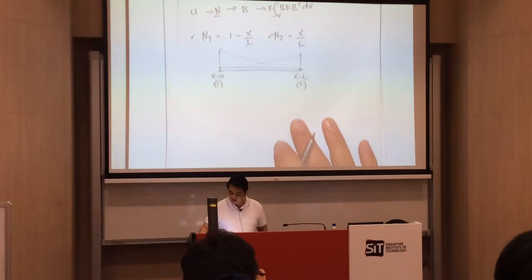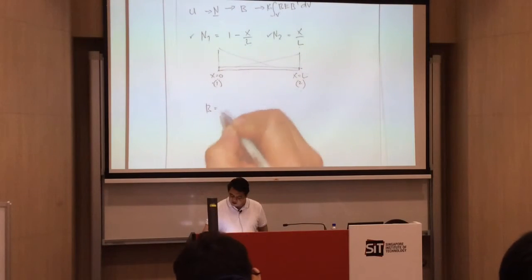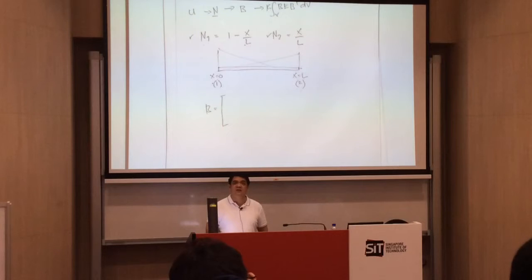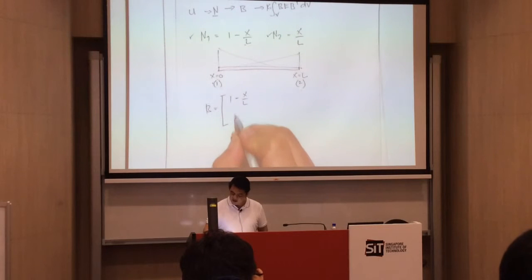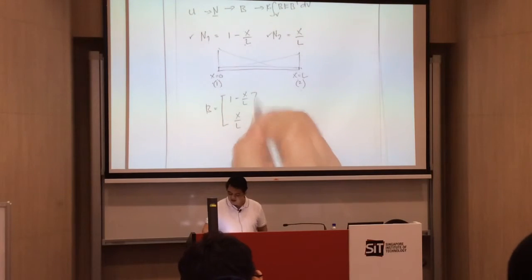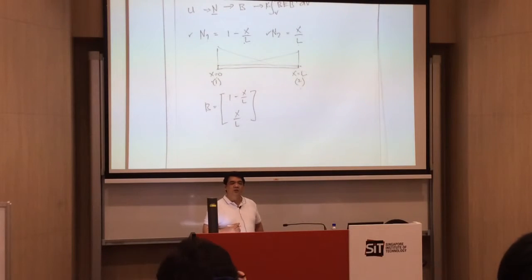So we know that our B, so let's write our strain displacement matrix, 1 minus x all over L, and then this one is x all over L. So what are we doing now?